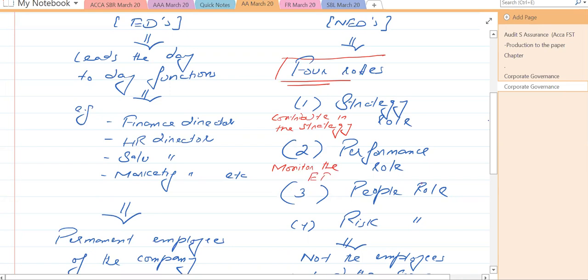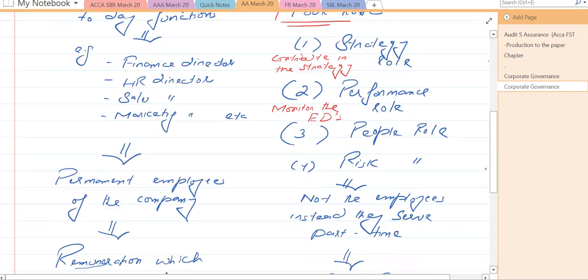They are a check on the EDs because EDs are leading the day-to-day functions. So it's a check placed by the shareholders internally on the EDs, so that the decisions EDs are taking are in the best interest of the company and the shareholders.